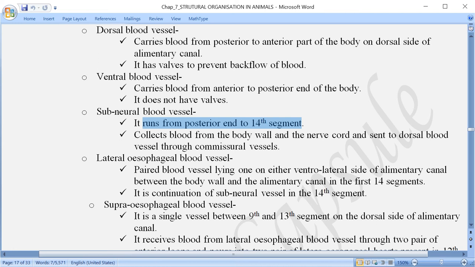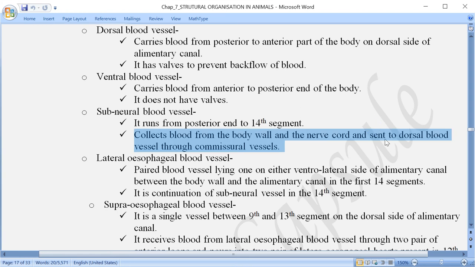Let's pay attention here. The subneural blood vessel runs from the posterior end of the body to the 14th segment. And what is the main function it is doing? It collects the blood from the body wall and the nerve cord and then sends it to the dorsal blood vessel through commissural vessels.